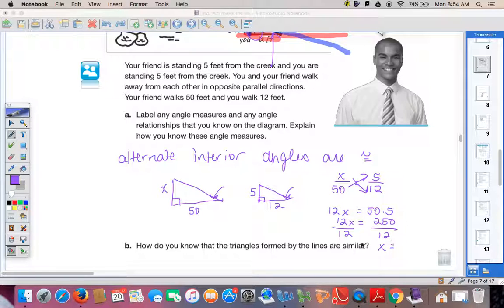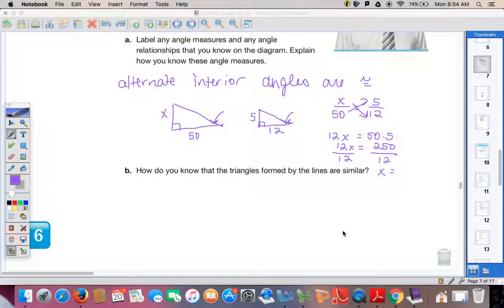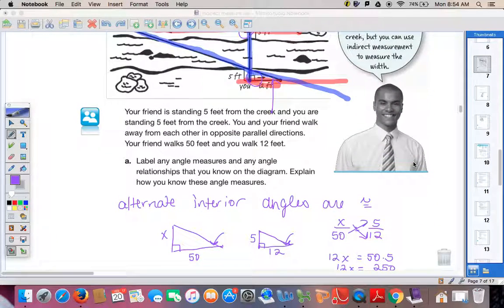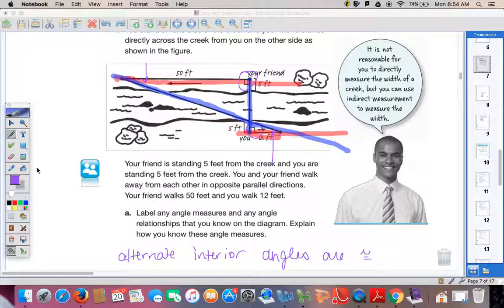And we get x is equal to, I don't know off the top of my head. We have this total distance, but the total distance is the distance from, let's pick another color, from here all the way to here. But that's not the width of the creek. The width of the creek would be 5 feet less than that.